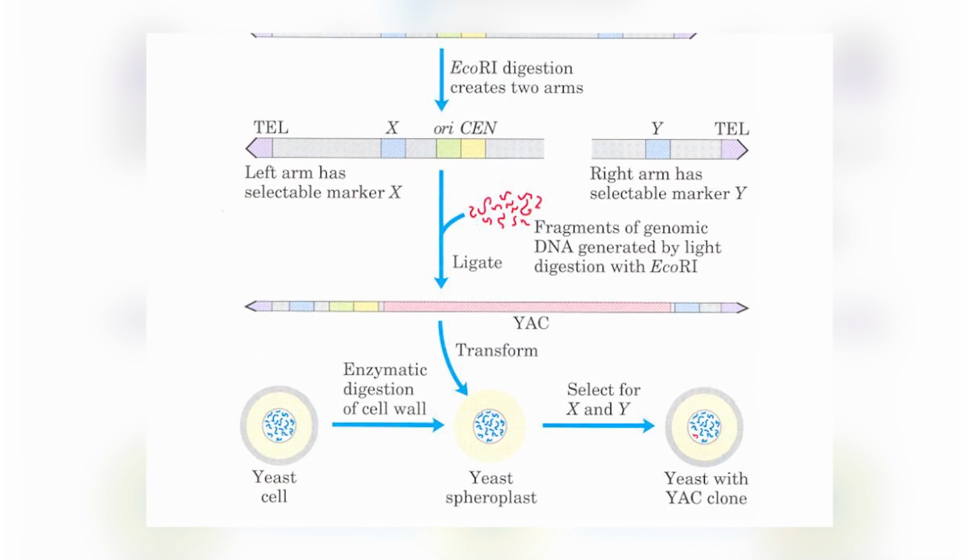This is then transformed into the yeast cell, which is normally in the form of protoplast, because the protoplast form can be easily used to introduce the external chromosome into the yeast cell. So, you do the enzymatic digestion of the cell wall and create the yeast spheroplast, and this spheroplast is then used to introduce the recombinant YAC into the yeast cell.